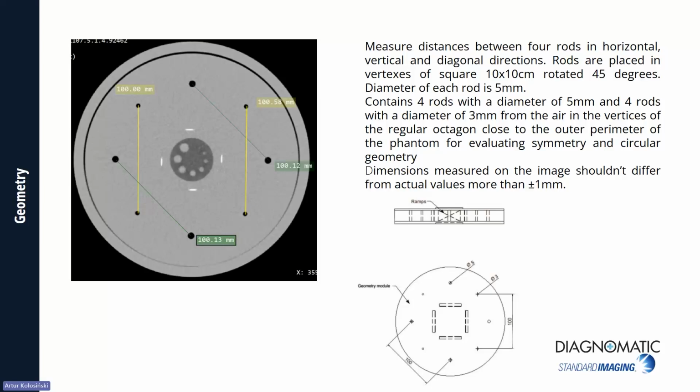The rods are placed in the vertexes of a square 10 by 10 rotated by 45 degrees, and the diameter of each rod is 5 millimeters. It contains 4 rods with a diameter of 5 and 4 with a diameter of 3 millimeters from the air, in the vertexes of a regular octagon close to the outer perimeter of the phantom for evaluating symmetry and circular geometry. Dimensions measured on the image shouldn't differ from the actual values by more than 1 millimeter.